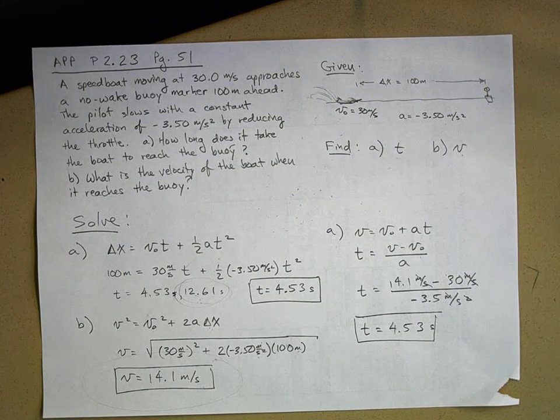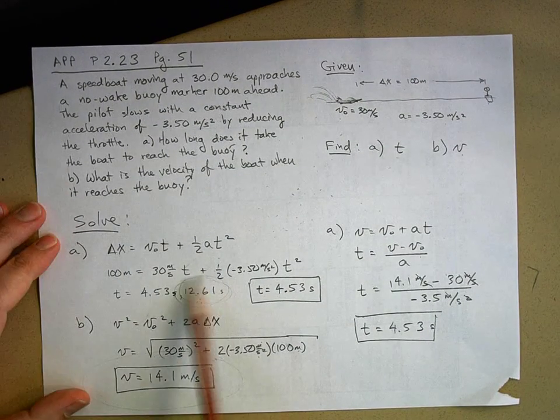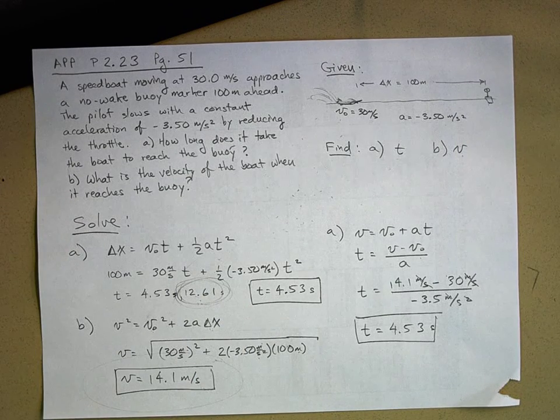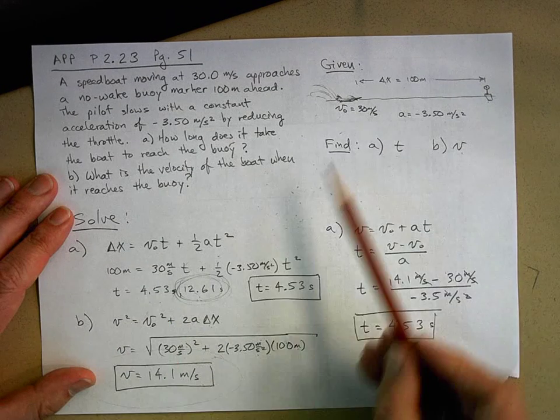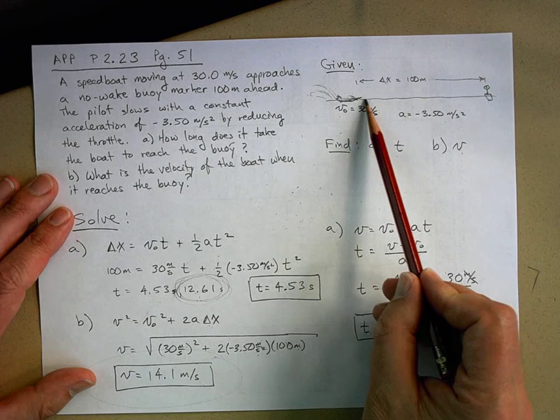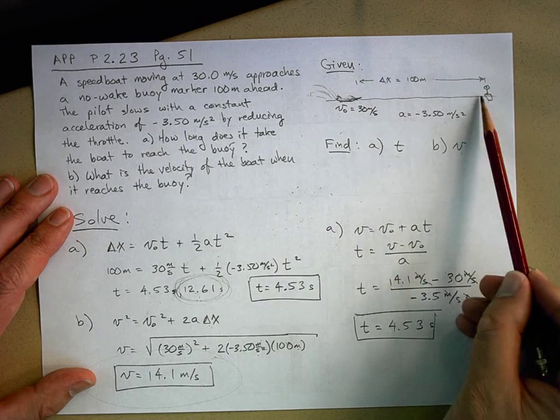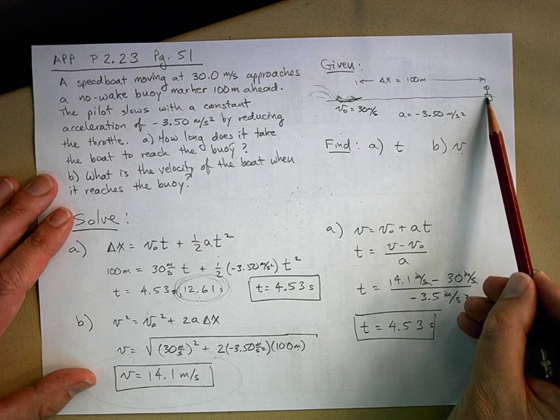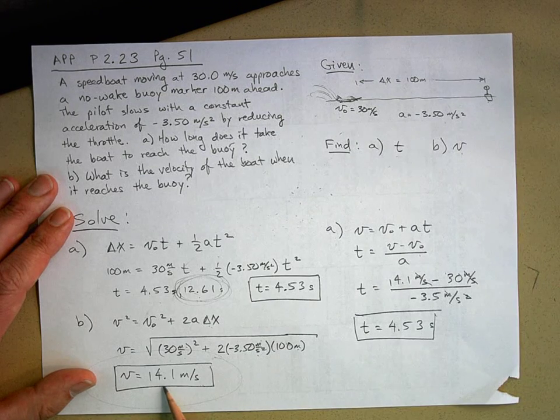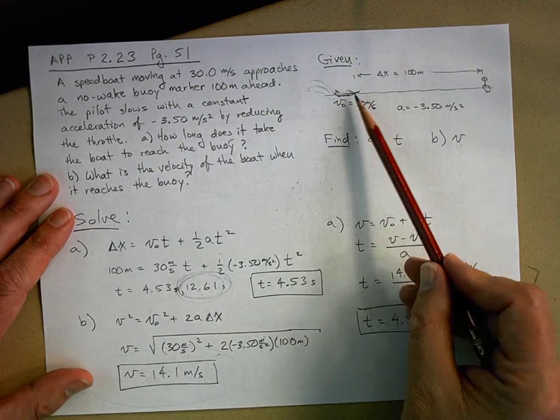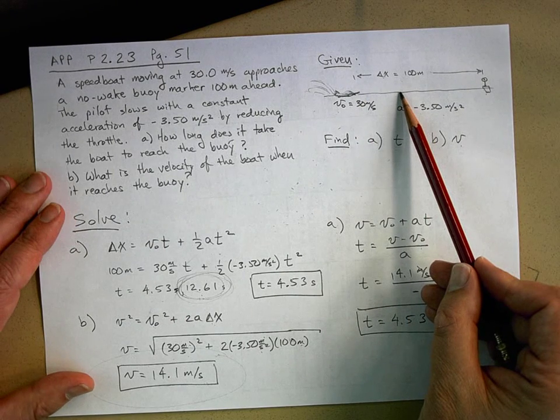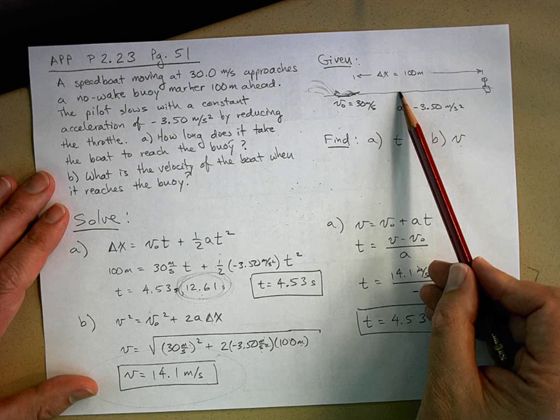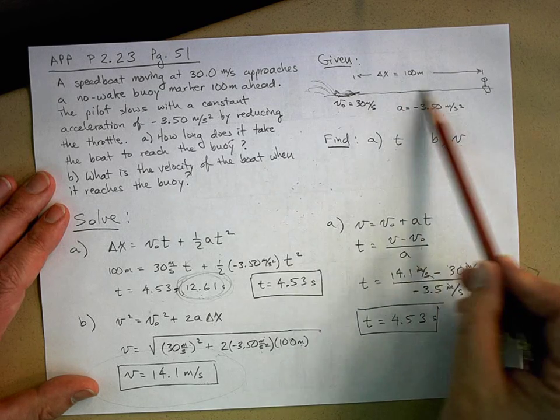Now, what about this other time? What's actually happening here? Well, at this time, 4.53 seconds, the speedboat is slowing down, and when it reaches the buoy, it's going this fast. But if you continue accelerating at negative 3.5 meters per second squared, it's going to continue slowing down.